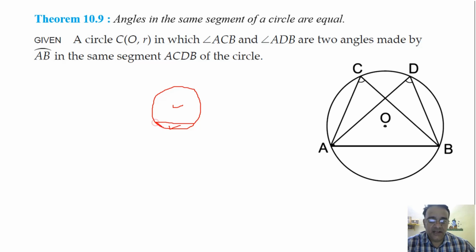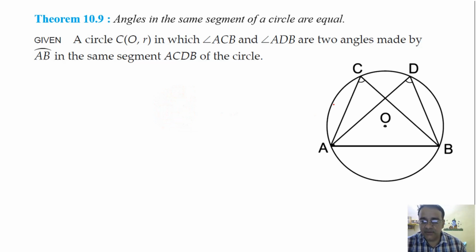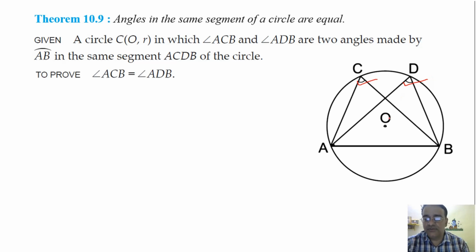So if I am talking about this arc, so this is the same segment. यहाँ पे कुछ भी कोई भी एंगल्स अगर ये बनाएगा, all will be equal. All angles are equal. Any angles you will make, all are equal. So we have to prove that these two angles are equal.